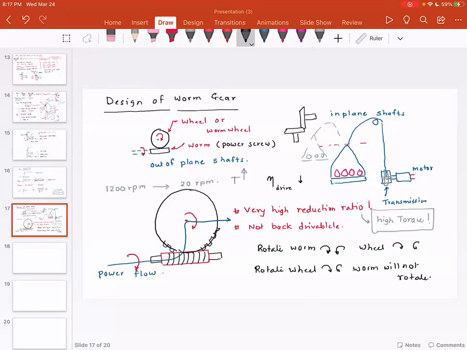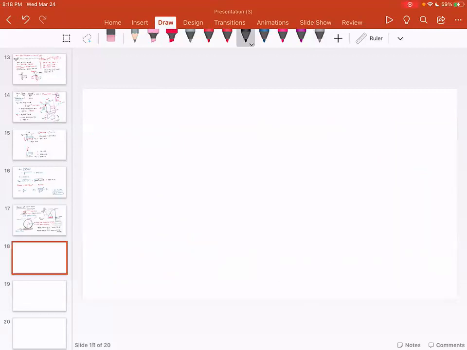So when you design the casing, you have to make sure that the heat is appropriately dissipated. Now, there are different types of worms and types of worm wheel. If you look at the worm, there is something called a single threaded worm. Just like power screw, you have double threaded worm.